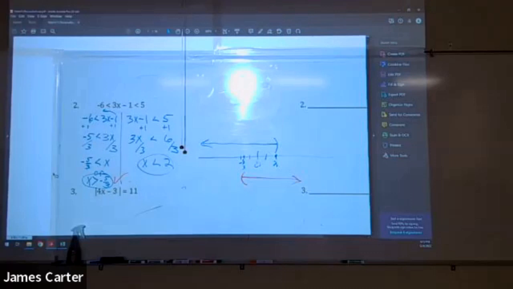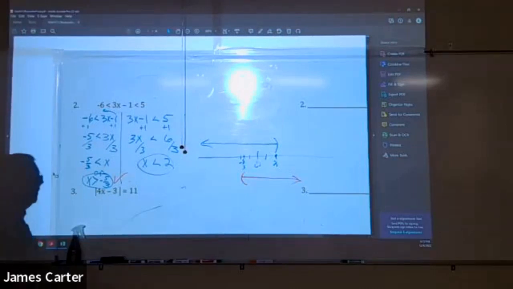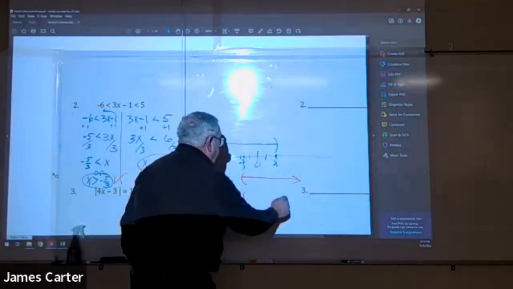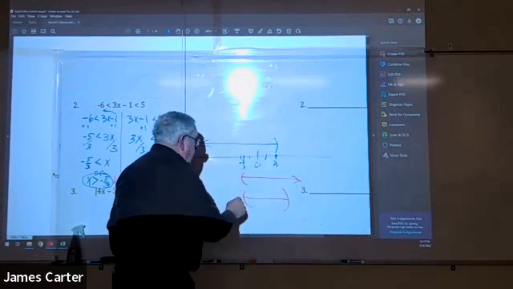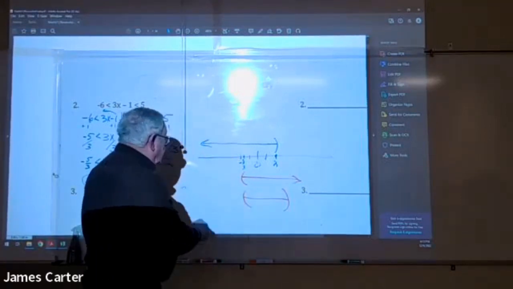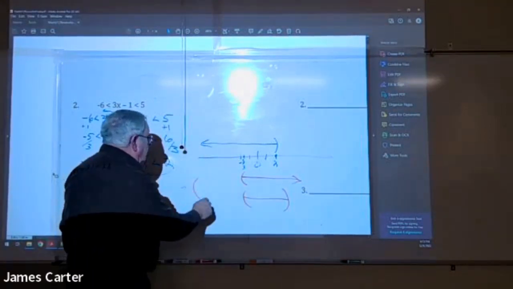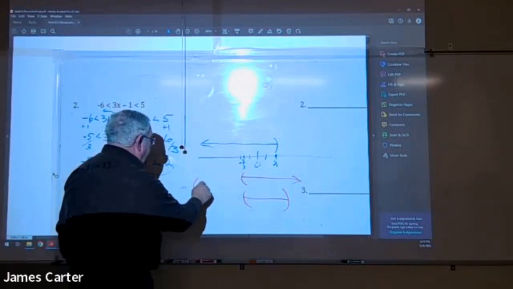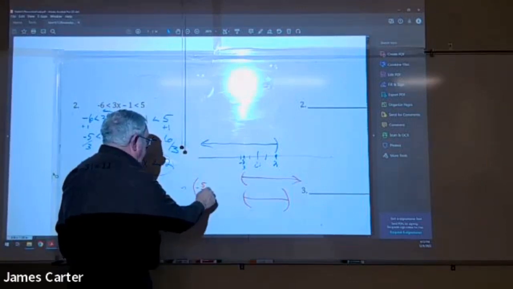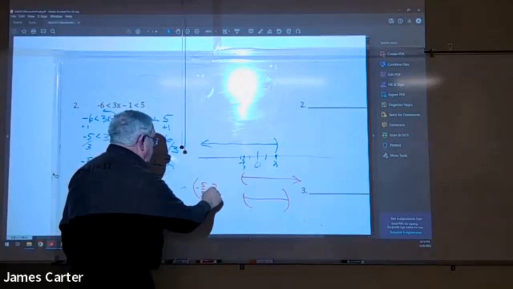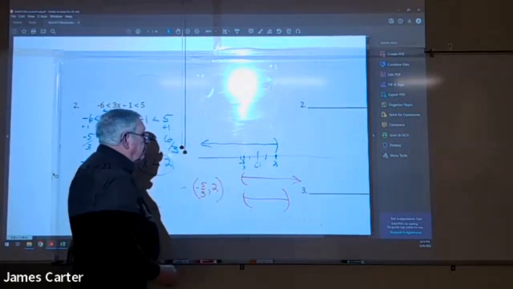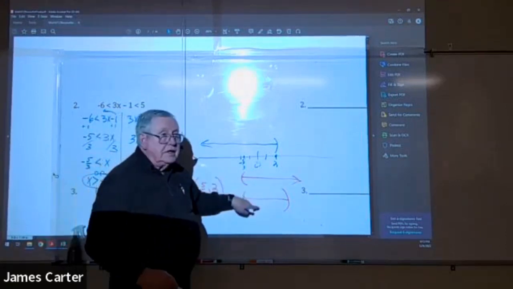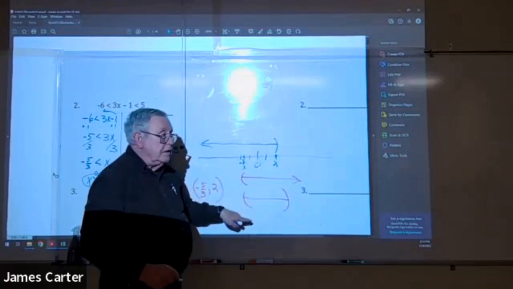So what's my solution then? Everything from here to here. So in interval notation, our answer is -5/3 to 2, not inclusive, because there are no gaps in this piece.